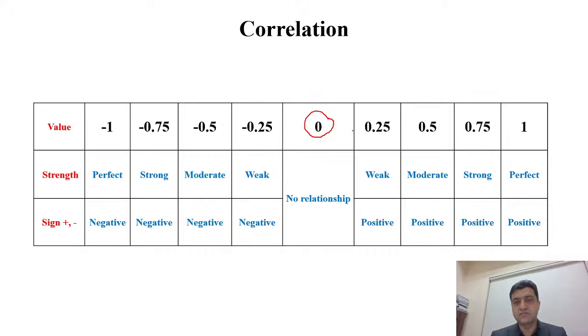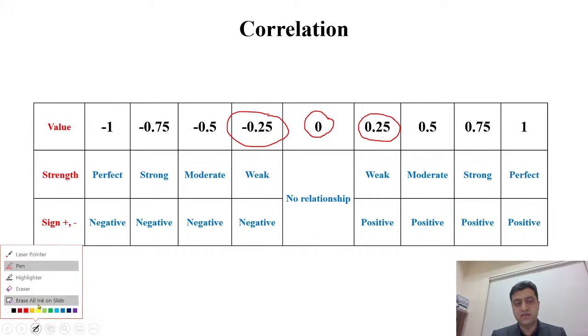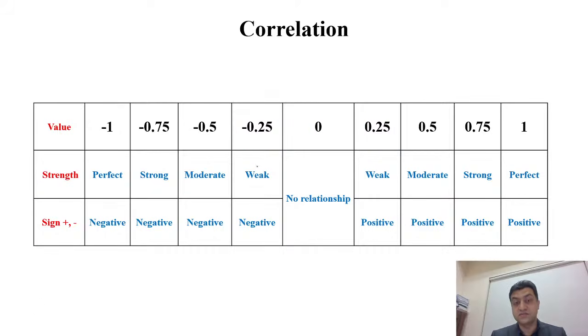But if there is some value of correlation, either negative or positive, then we need to interpret it as having different strength. Let's start from this.